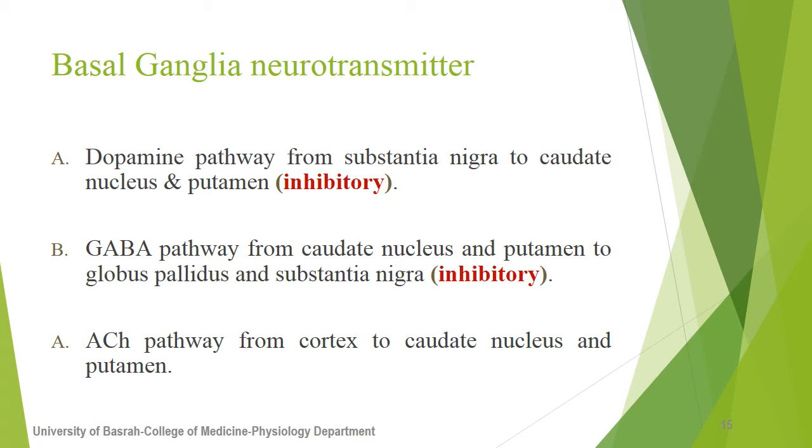These actions are done by the secretion of specific neurotransmitters. We have many types of neurotransmitters. First of all is dopamine. Dopamine is secreted in the pathway from the substantia nigra to the caudate and putamen nuclei. Of course, dopamine is an inhibitory neurotransmitter. Second is GABA, which goes from the caudate and putamen to the globus pallidus.